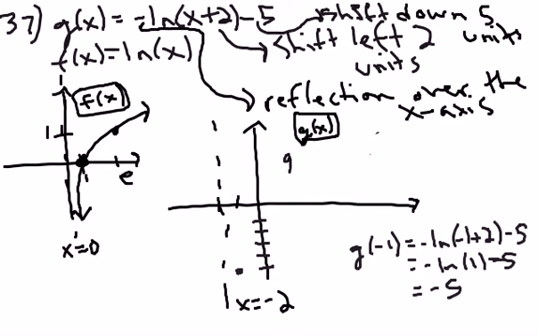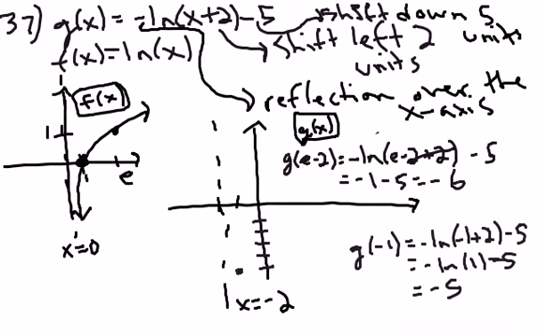So g of e minus 2 is negative ln of e minus 2 plus 2, minus 5. So these go away. Ln of e is 1, so really I have -1 minus 5, which is -6. So e minus 2 is about right here somewhere, and then I'm down at -6. So the graph is going to look like this, just a sketch.